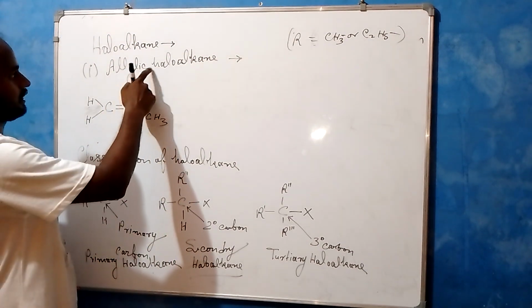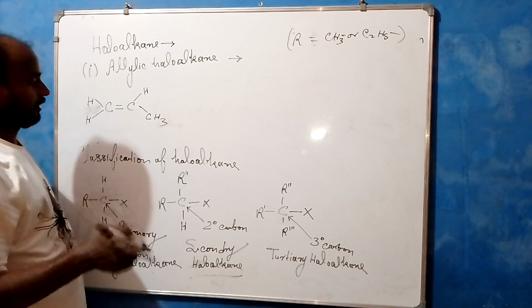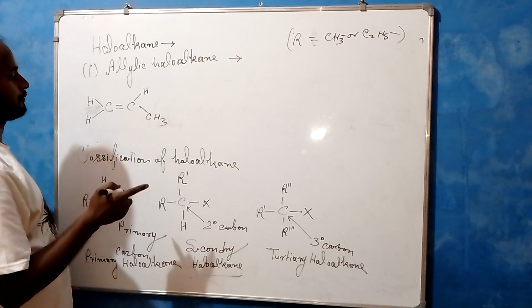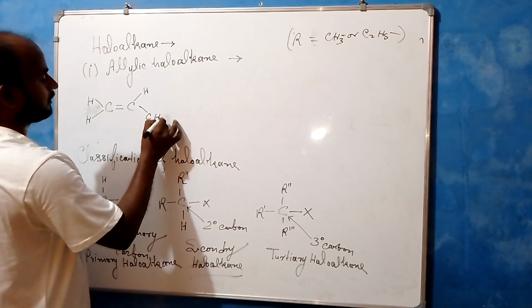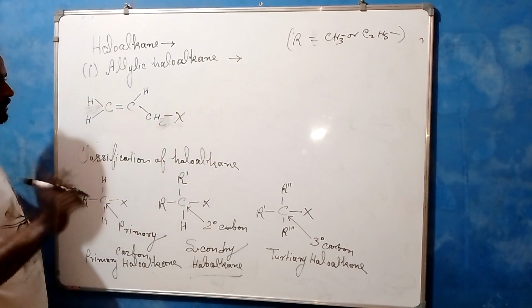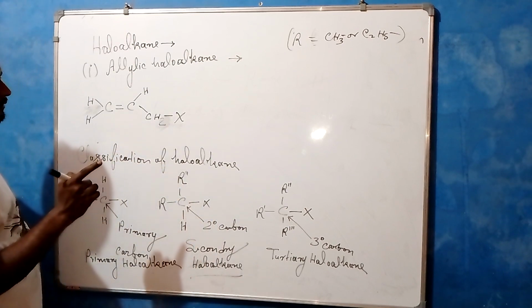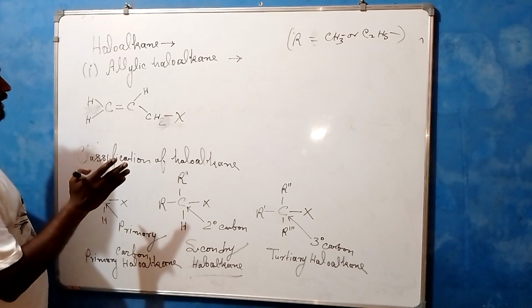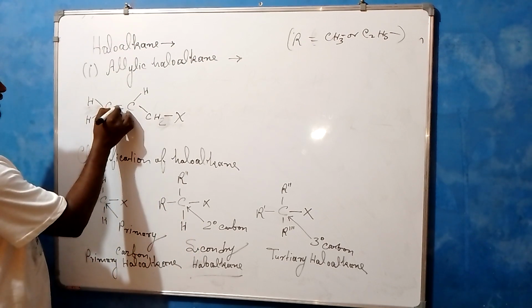When we study the allylic haloalkane, we find that the halogen atom is attached to the sp3 hybridized carbon atom which is adjacent to the double bonded carbon atom.